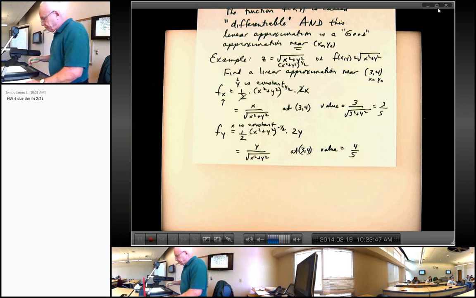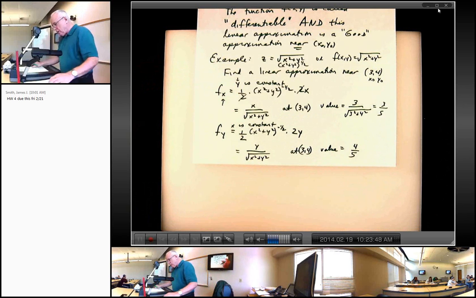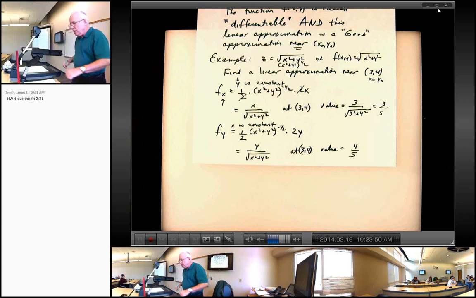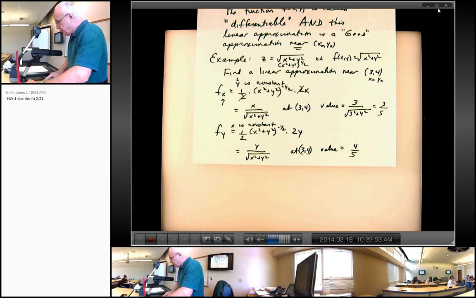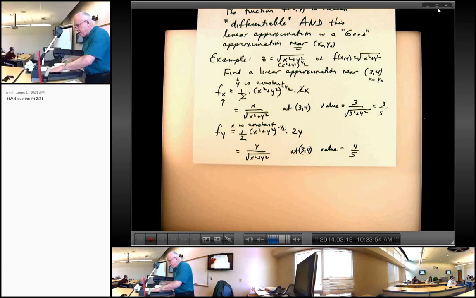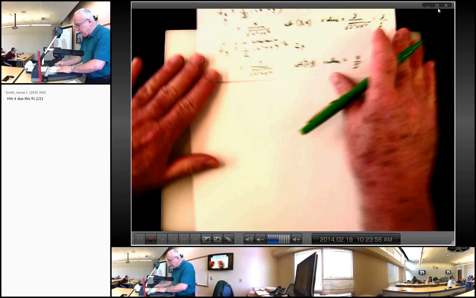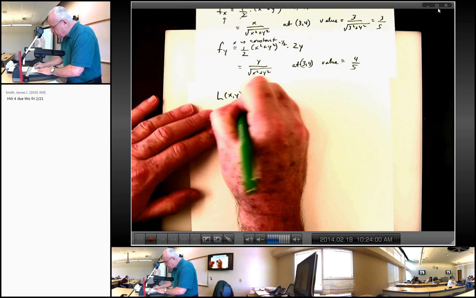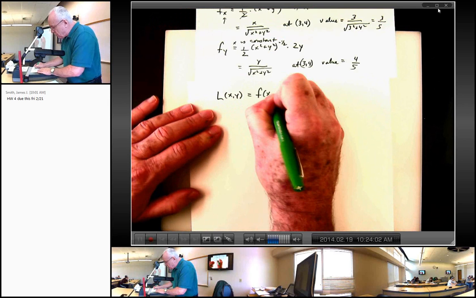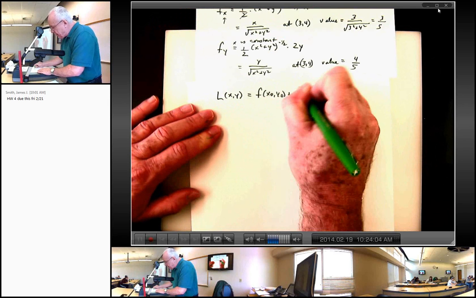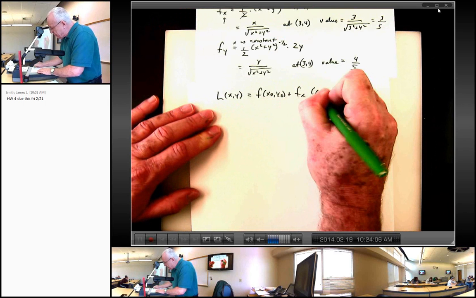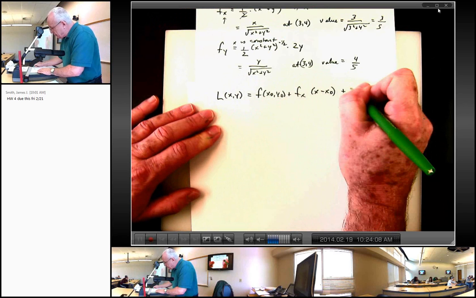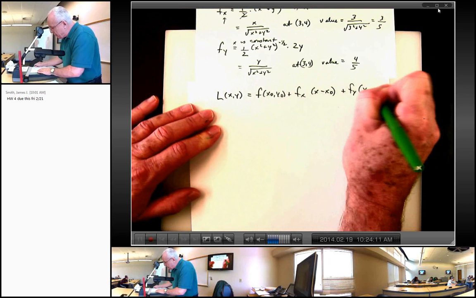All right. Now let's see here. What else do we need to get? Let me just write out the linearization here. L(x,y) is equal to f at (x naught, y naught) plus fx times (x minus x naught) plus fy times (y minus y naught).